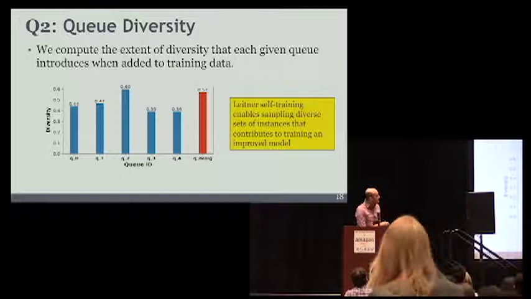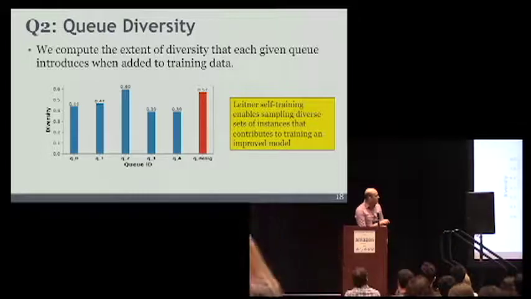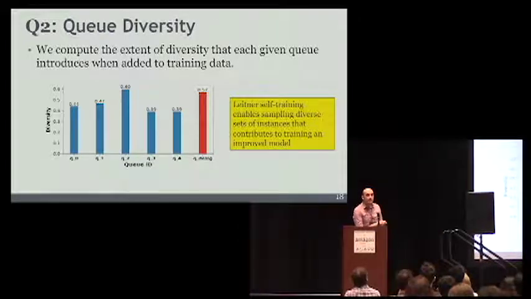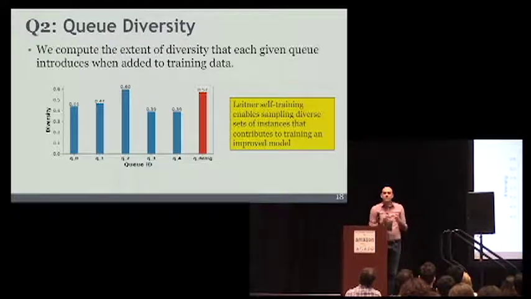As you can see, the designated queue has considerably higher diversity compared to the other queues, specifically the highest queues. This is for IMDb. This shows that it is important to have a diverse set of unlabeled instances to get some improvement.